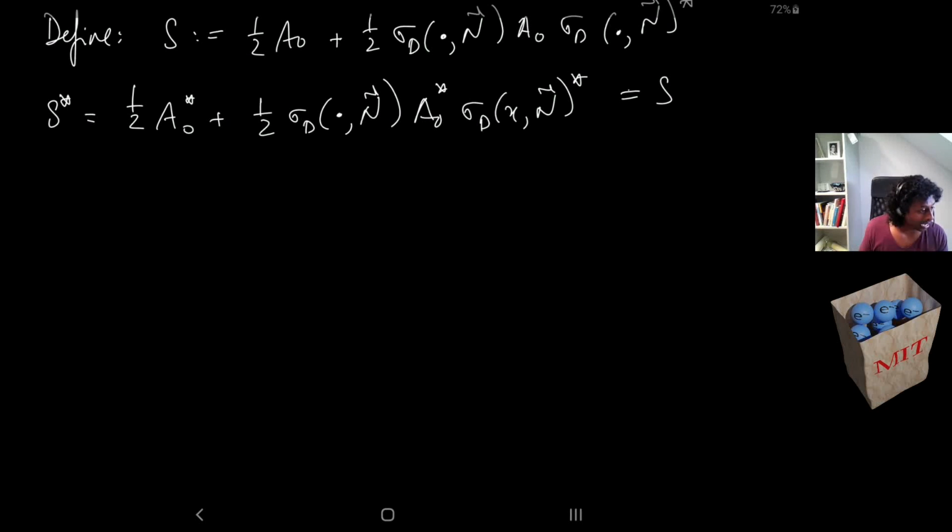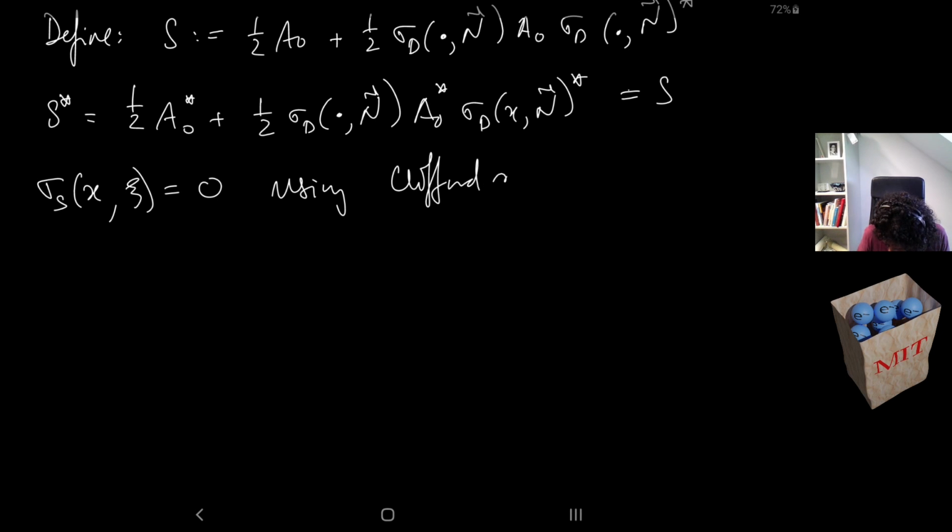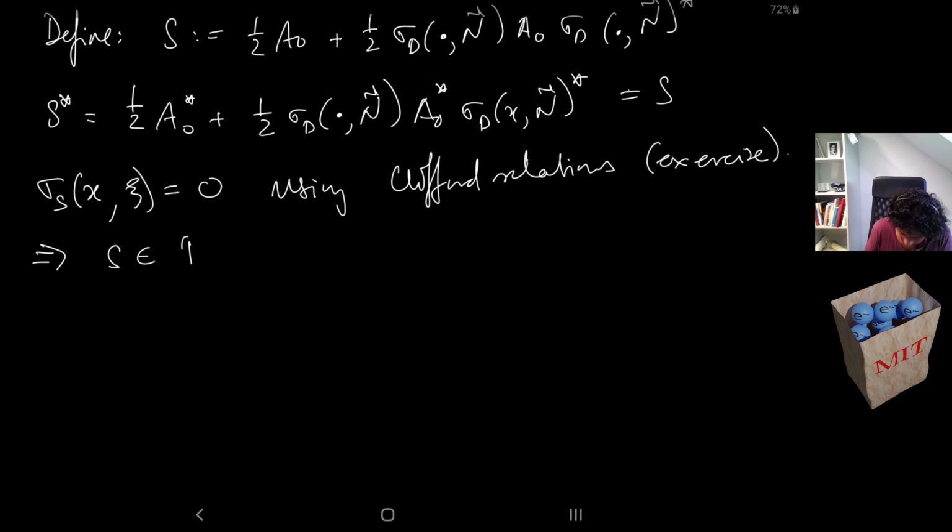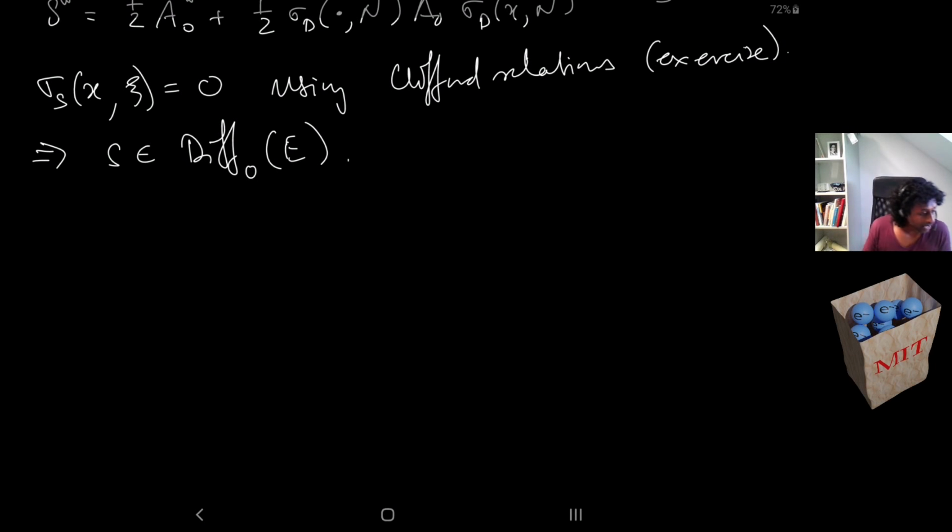Okay, so now if we compute the principal symbol of this S, maybe I'll leave this as an exercise in the interest of time. S is 0 using Clifford relations. So let's just make that an exercise. So that means that S is in Diff^0(E).